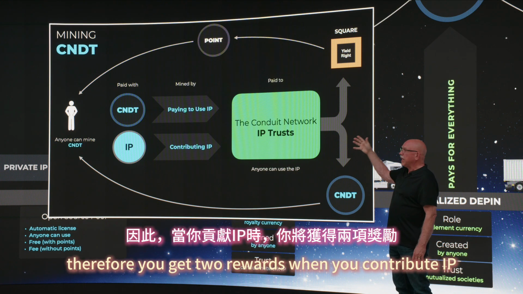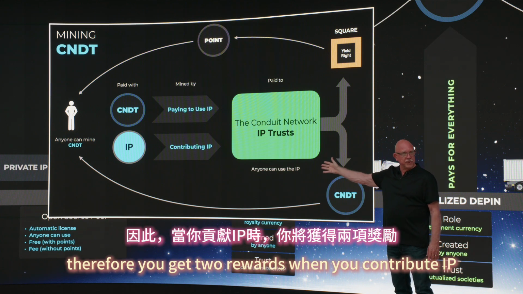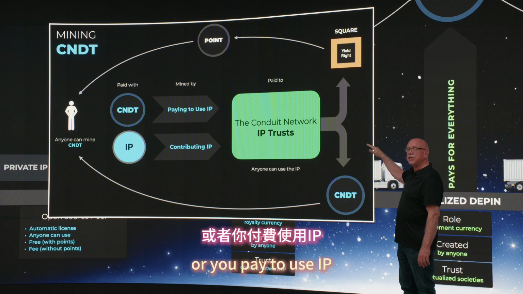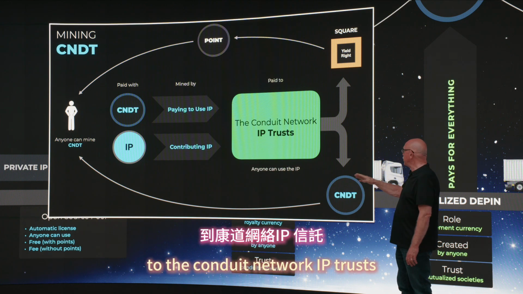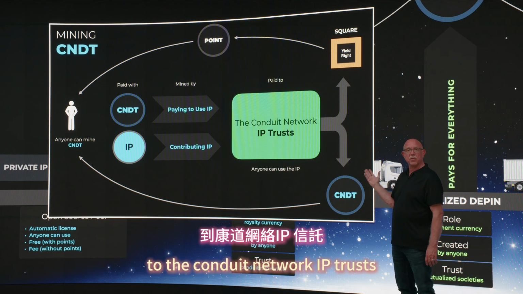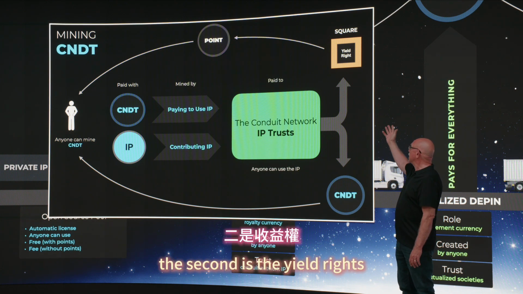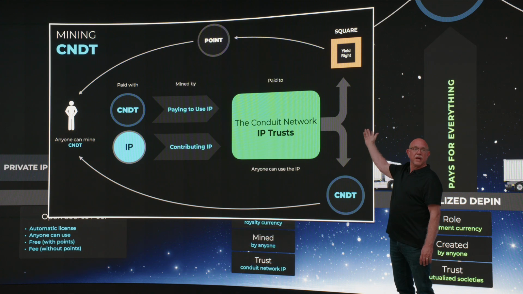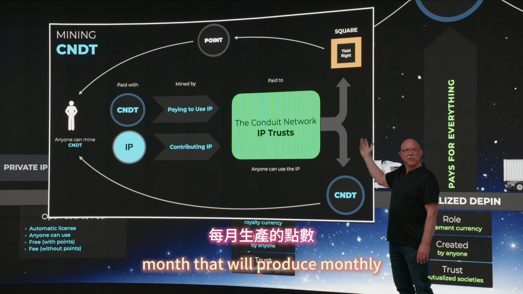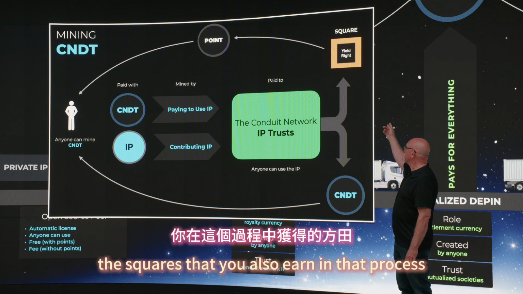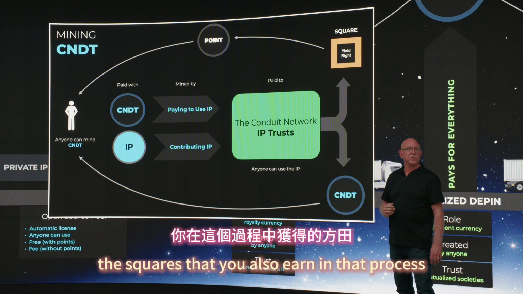Therefore, you get two rewards when you contribute IP or you pay to use IP to the conduit network IP trusts. One is the conduit you mine. The second is the yield rights that will produce monthly points that come from the squares that you also earn in that process.